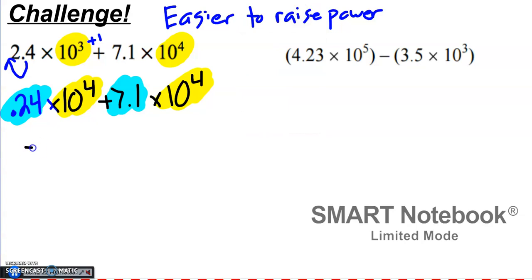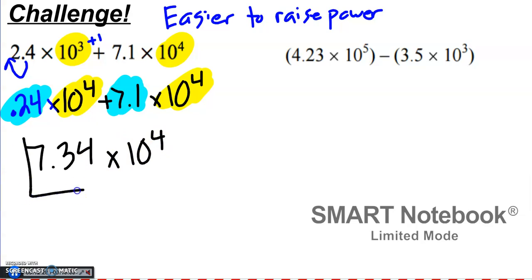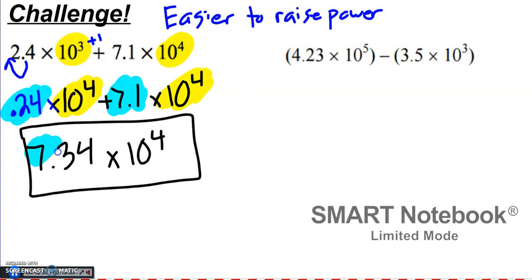Then we get 7.34 times 10 to the fourth. And that's our answer. Now notice how we ended up in scientific notation. 7.34 is indeed between 1 and 10, and now we have the same power of 10. So that's why I say it's easier to raise the power up.